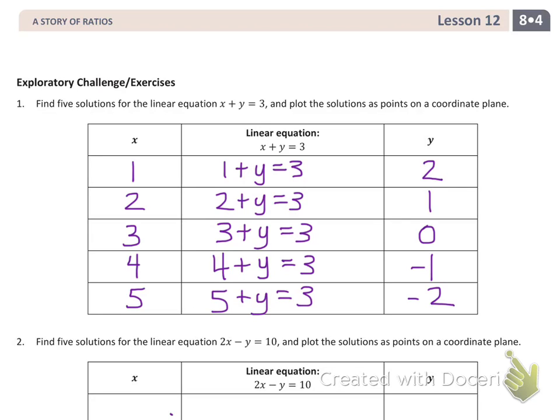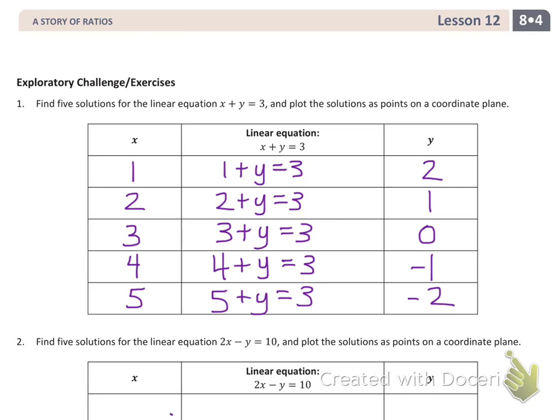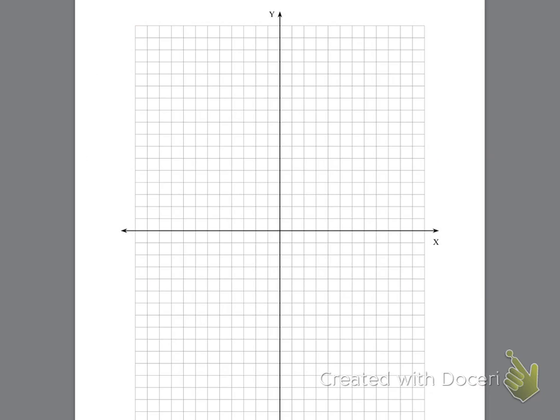So here are our ordered pairs: 1, 2, 2, 1, and so on. We're going to go ahead and graph these now in the coordinate plane. Okay, so here's a blank coordinate plane. I'm going to use a scale of 1 for each square.